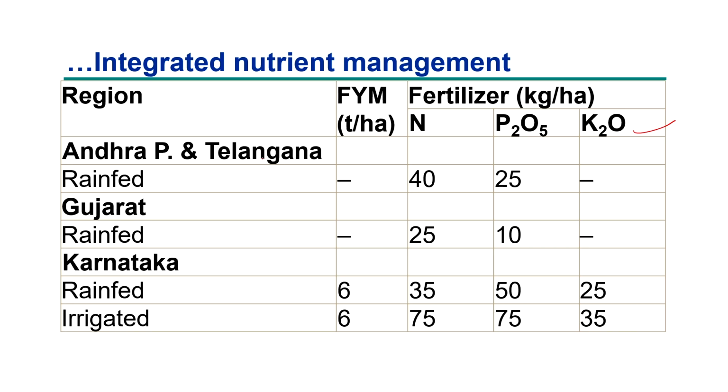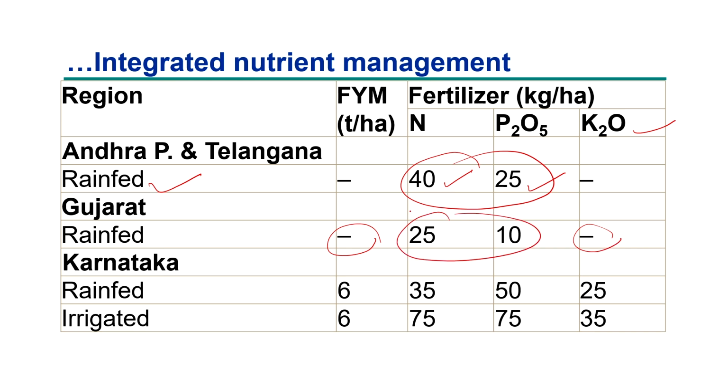So for Andhra Pradesh and Telangana, you can see under rain-fed condition, there is no recommendation of FYM, but you can use 40 kg nitrogen and 25 kg P2O5 per hectare, and this quantity should be added at the time of sowing in the soil. Similarly, for Gujarat, no recommendation of FYM and K2O, but you need to use 25 kg nitrogen and 10 kg P2O5 per hectare in Gujarat.